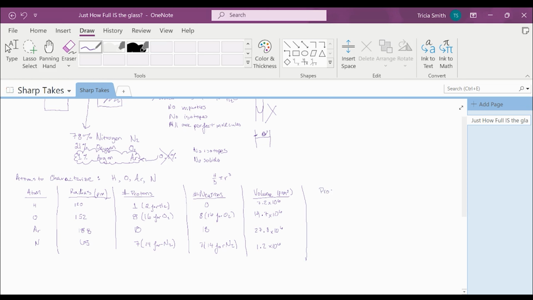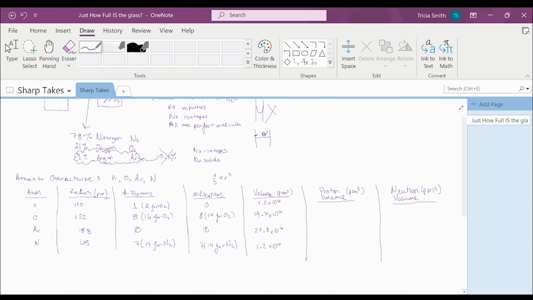So the proton volume, again in picometers cubed, and the neutron volume.